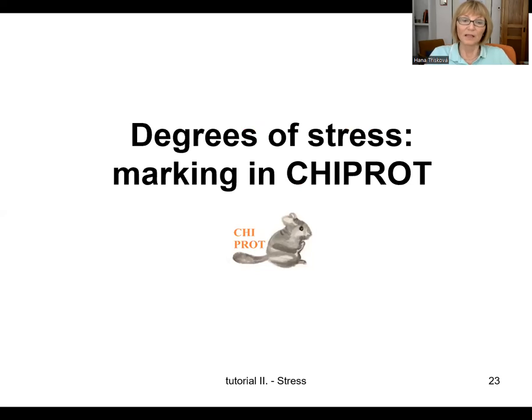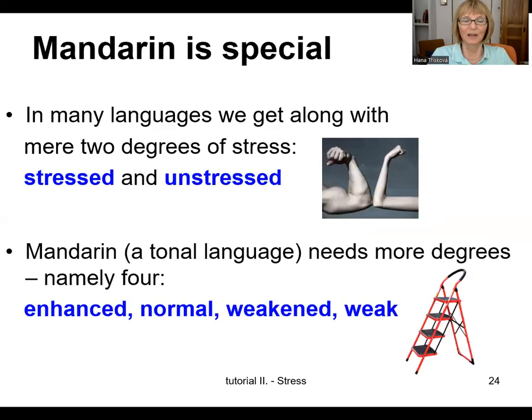Let's talk about degrees of stress in CHIPROT. We mentioned it already in the first tutorial, but now we'll go into more detail. Mandarin is not like many other languages. In many languages, we can get along with just 2 degrees of stress, stressed syllables and unstressed syllables.